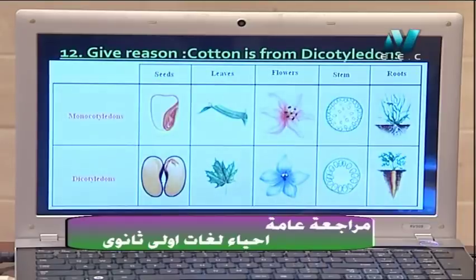When you look at the leaves, the leaf of monocots contains veins. Veins here show parallel venation.